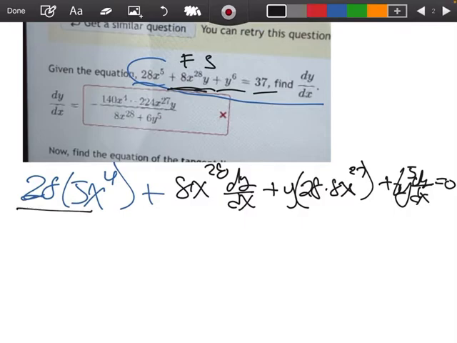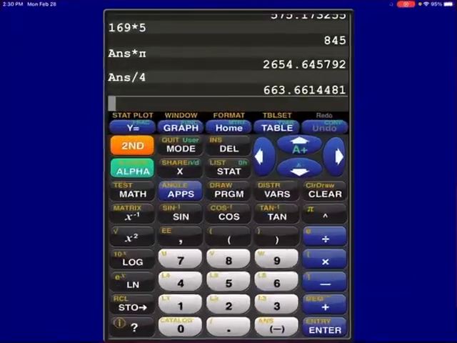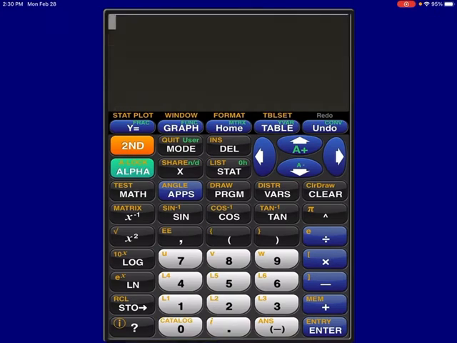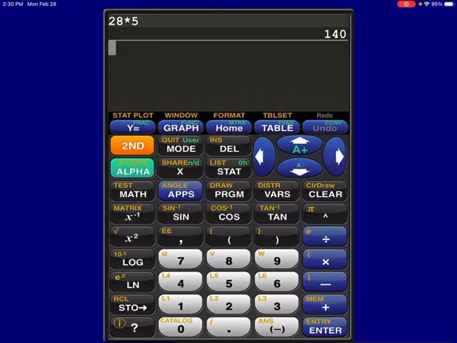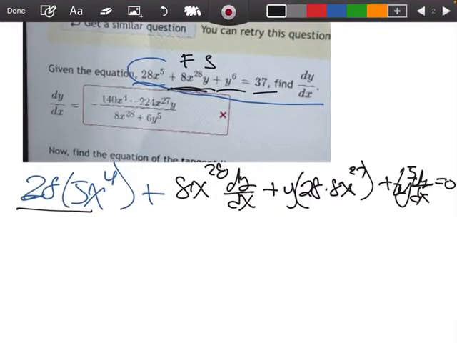Okay, so now I'm just going to multiply this piece out right here. Whatever 28 times 5 is, 140. So I have 140x to the fourth, plus, let me go ahead and multiply those guys out.